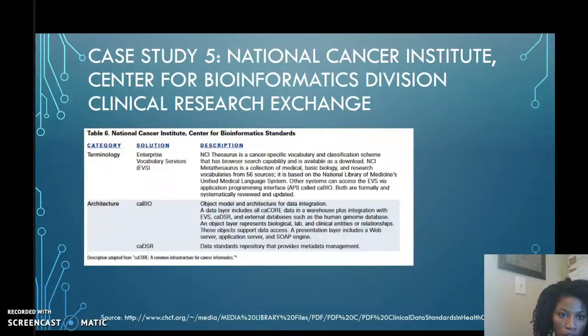The 5th study reviews the National Cancer Institute Center for Bioinformatics, also known as NCICB, which is the division of the National Cancer Institute responsible for providing informatics and integration support to the cancer research community. NCICB wanted a shared cancer informatics infrastructure for researchers and clinicians that included a common architecture.